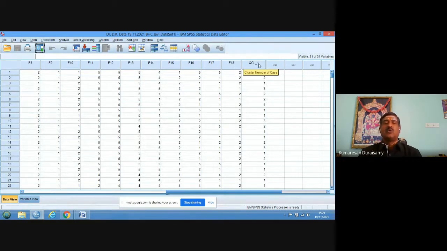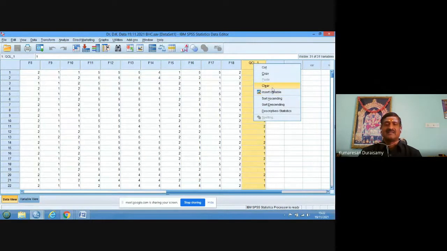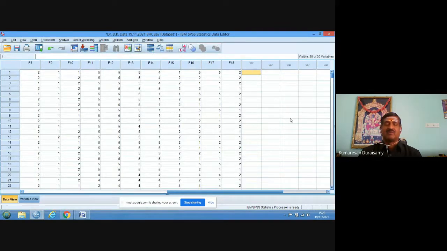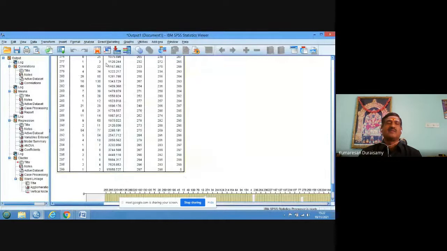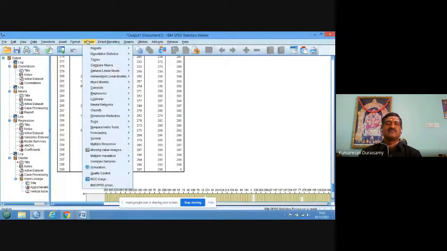See, now one variable has been introduced or inserted by the software itself. Let me clear this. Now that variable is not available. Let me go to the analysis again. Cancel, analyze, classify, K-means cluster.